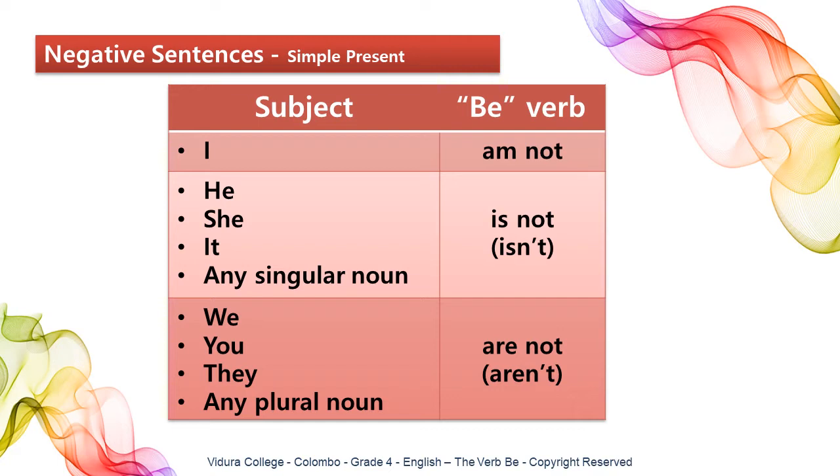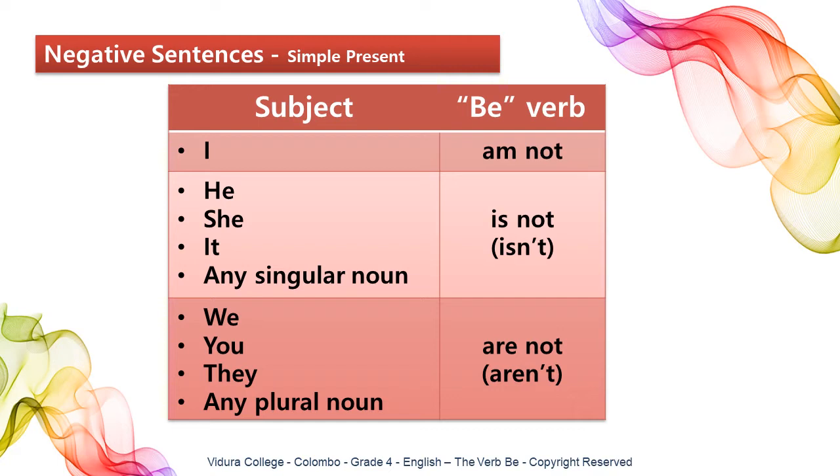Next, subjects like we, you, they, that means the plural nouns. We are writing the be verb are. To make it negative, we have to add not just after the be verb are. So it is are not. What is the contraction form of are not? It is aren't.